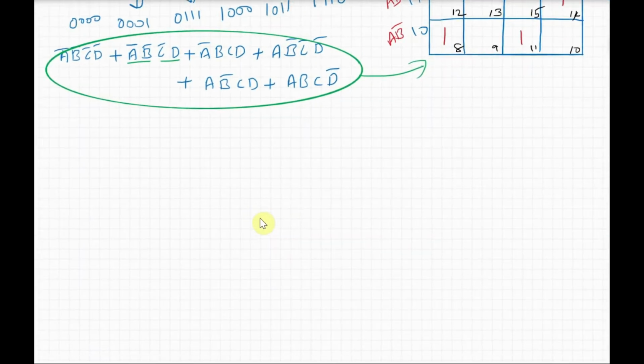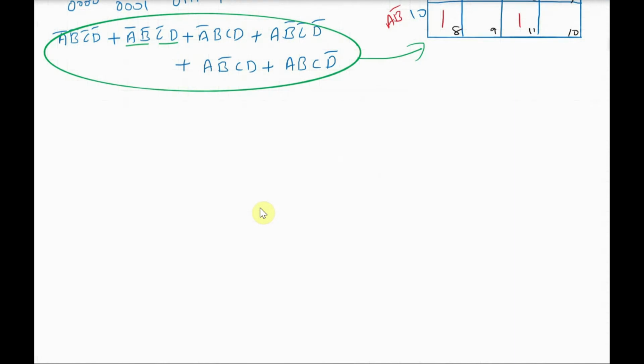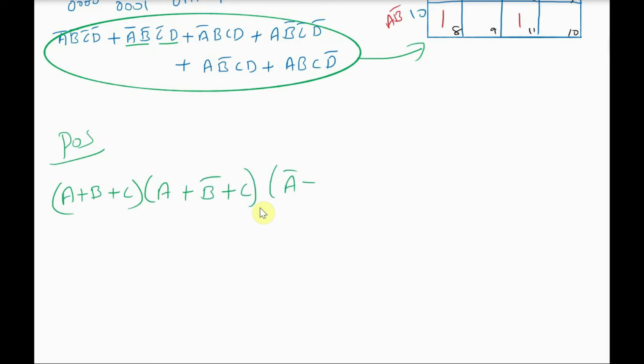We will see one more example for mapping, that is for POS expression, that is A plus B plus C into A plus B bar plus C into A bar plus B bar plus C. Again, we can write the binary values.